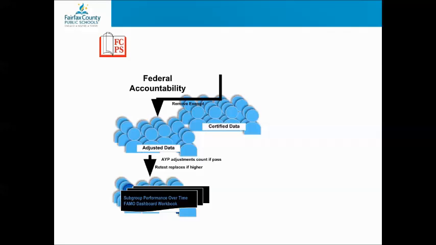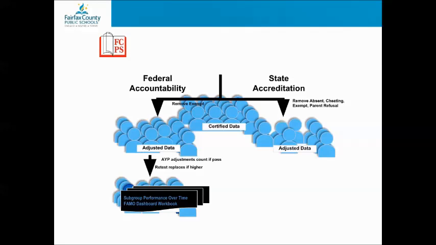The second algorithm that the certified data set goes through is called state accreditation. In state accreditation, the value is calculated using all reading, math, science, and social studies values, except for those students' values that have been adjusted.